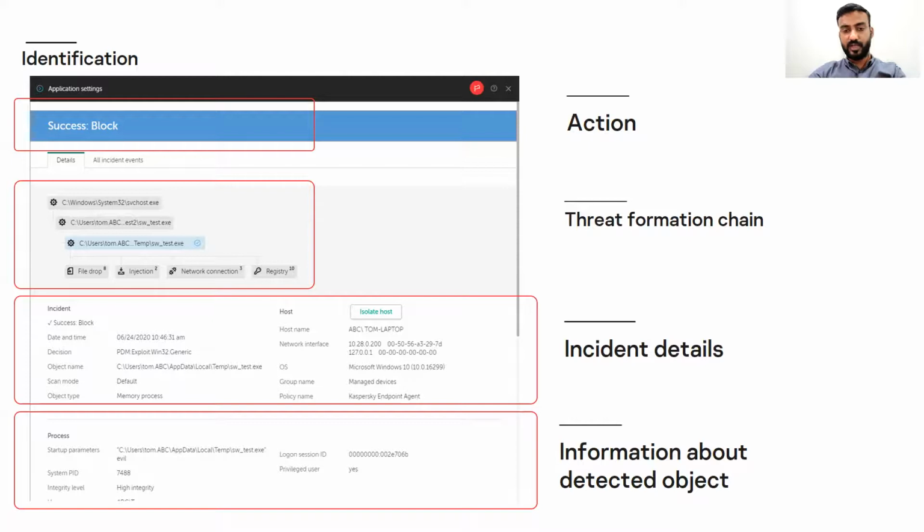So with this simplified incident card, an IT security administrator, even with a basic level of knowledge, can immediately understand the threat and take action on the discovered threat. So this concludes the EDR Optimum part.